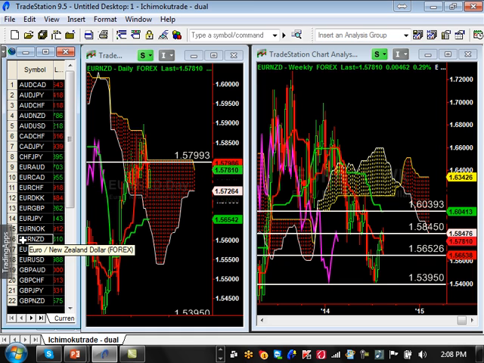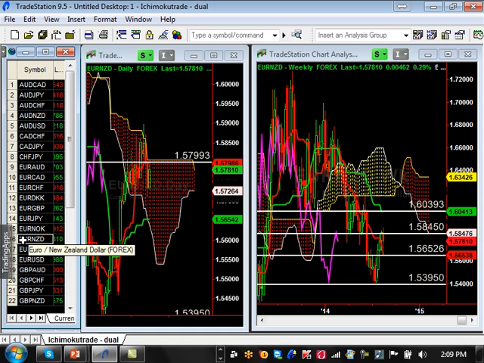Euro New Zealand, this basically held a support at 53.95, came all the way up to major resistance at 85.45. Looks like it's holding it, and looks like it's trying to come down. The key minor support that's going to be interesting to see is at 56.52.